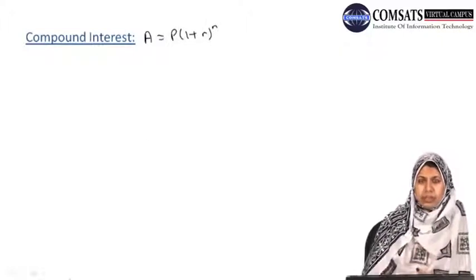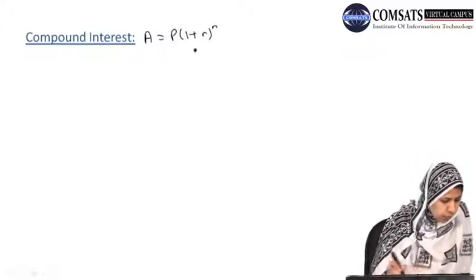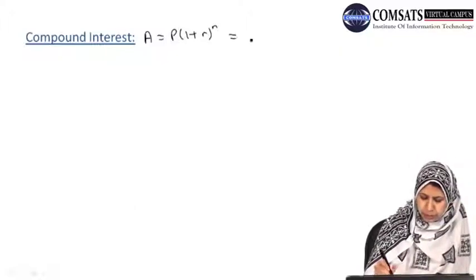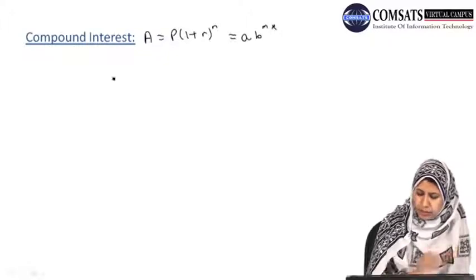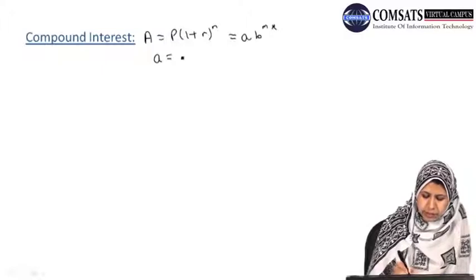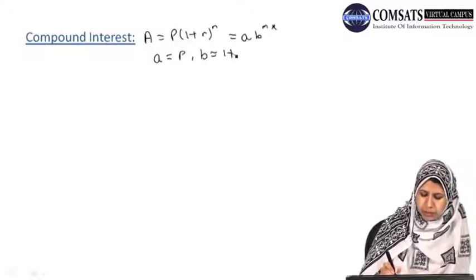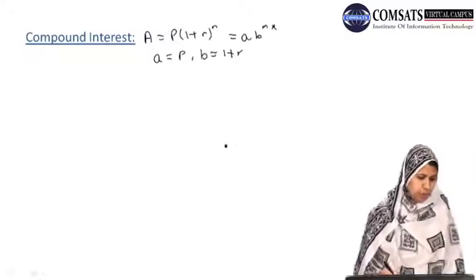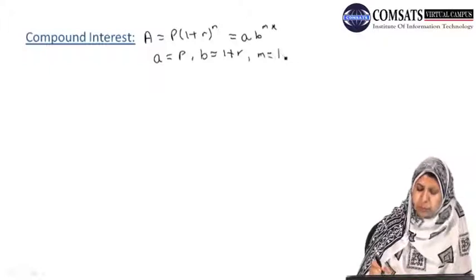And by comparing it with the general form, A equals A B to the power m x, we obtain that A is equal to P here, B is equal to 1 plus R, and m is equal to 1 here.